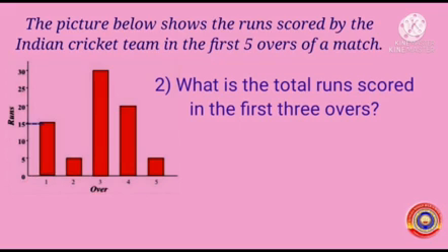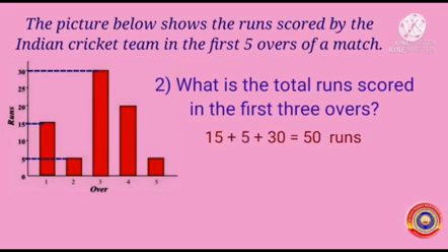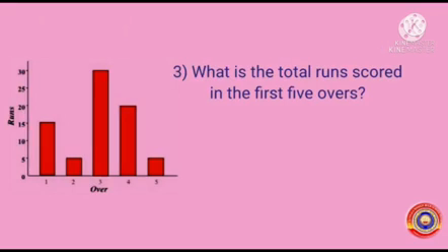Runs scored in the second over equals 5. Runs scored in the third over equals 30. Therefore, the total number of runs scored in the first 3 overs equals 15 plus 5 plus 30, which is equal to 50 runs.